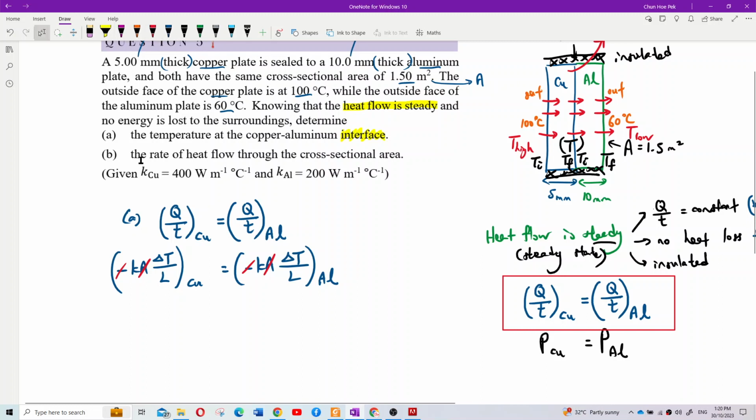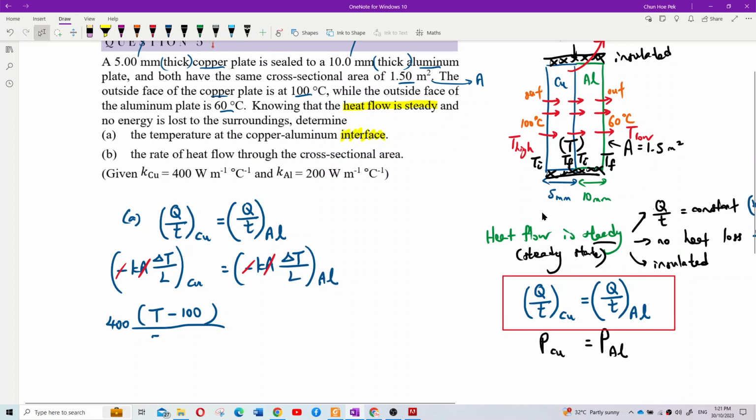Copper is 400. And then, what is the delta T? Delta T, we always take final minus initial. Final temperature minus initial. For copper it is T minus 100, T is the final minus 100 initial. Initial high temperature, final low temperature, isn't it? And then L is 5 millimeter.